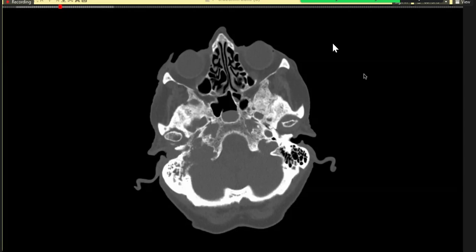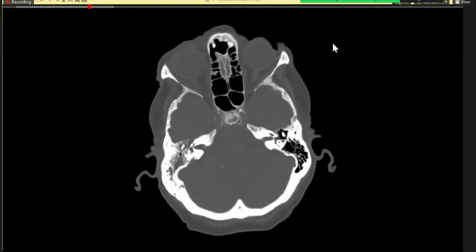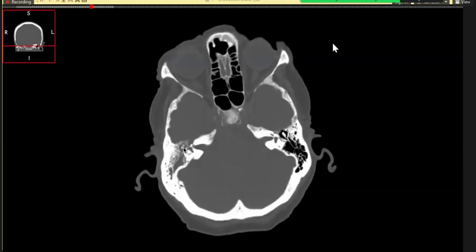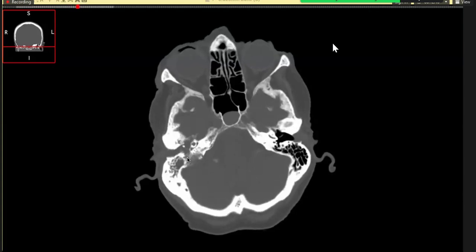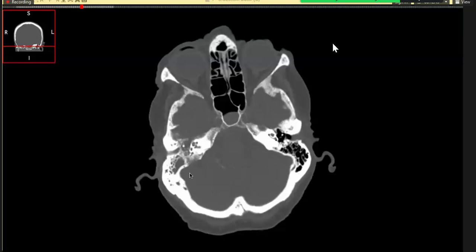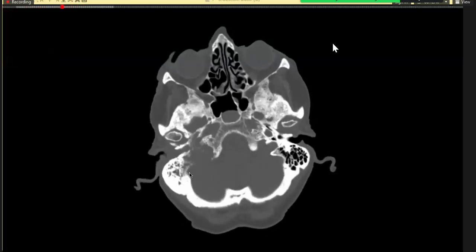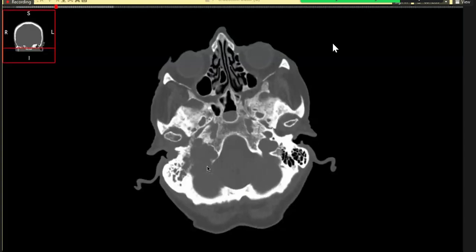Now on these images, this is the middle ear cavity in the region of the aditus and mastoid antrum, and this is the epitympanium region. There is also a defect in the tegmen tympani over here, and there is bony destruction in the region of the jugular foramen.